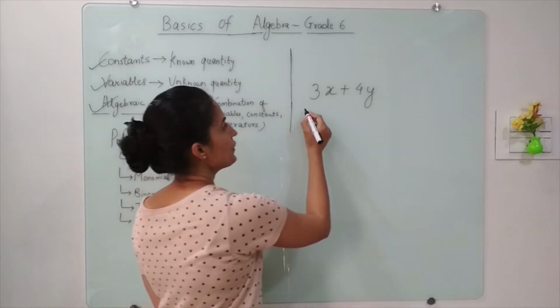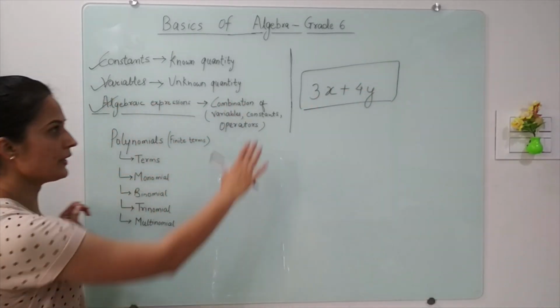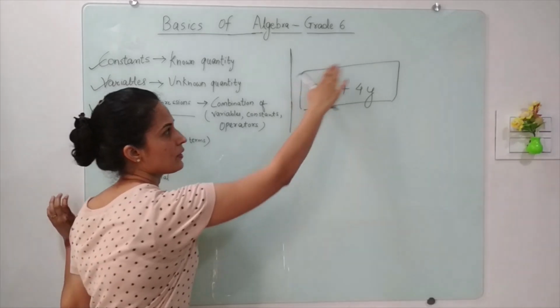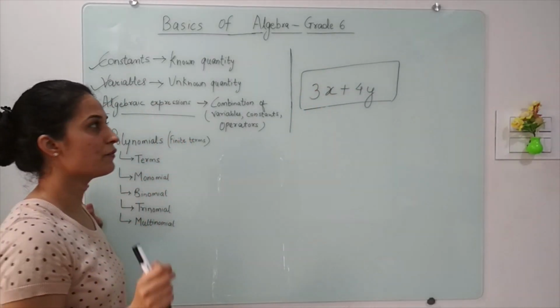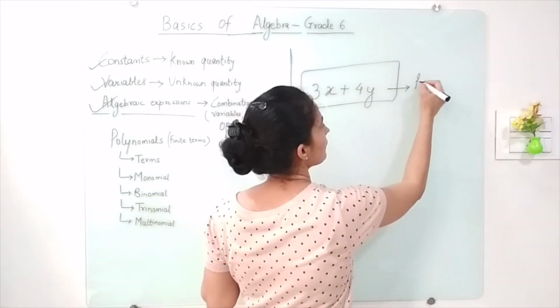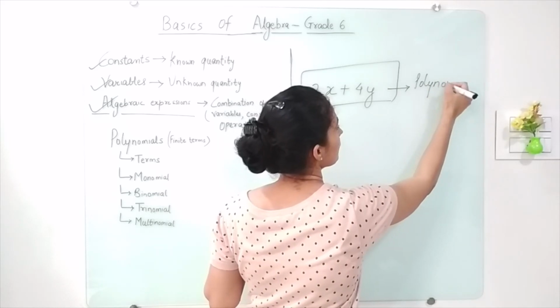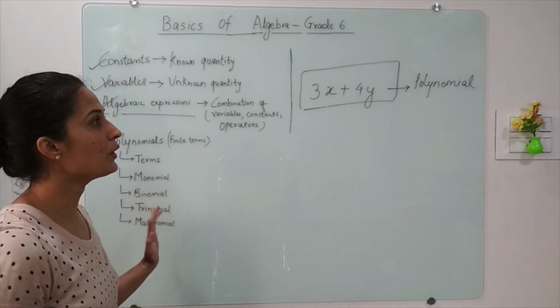Okay. Now if you see, what is this complete expression called? We are calling it as algebraic expression. That is fine. This complete is an algebraic expression. But what is that specific term that we use to denote this? We call it as a polynomial. In general, it's a polynomial.